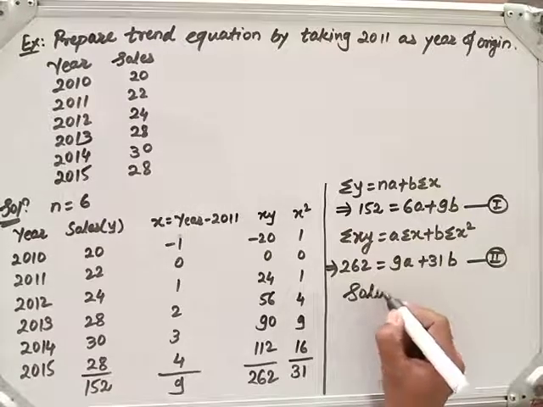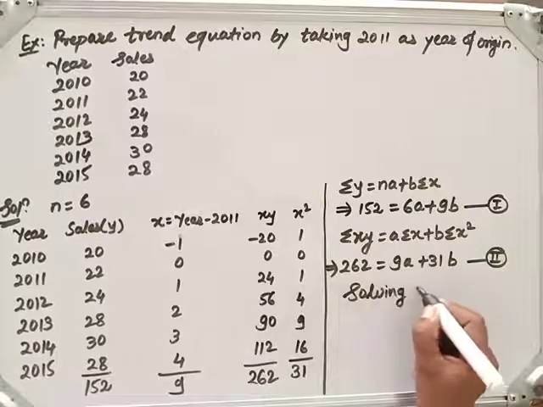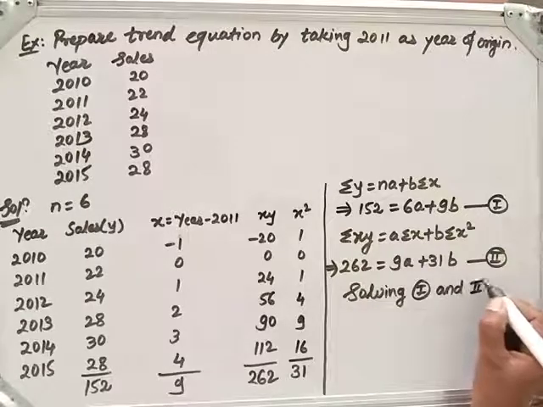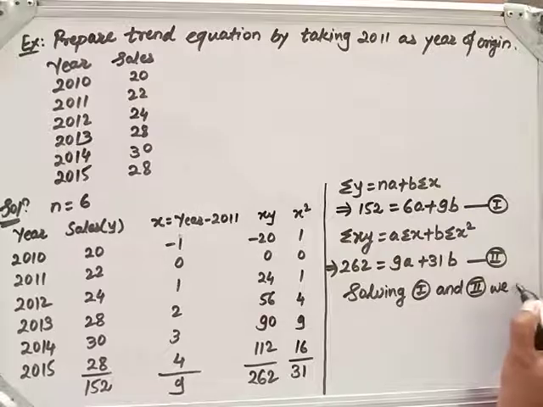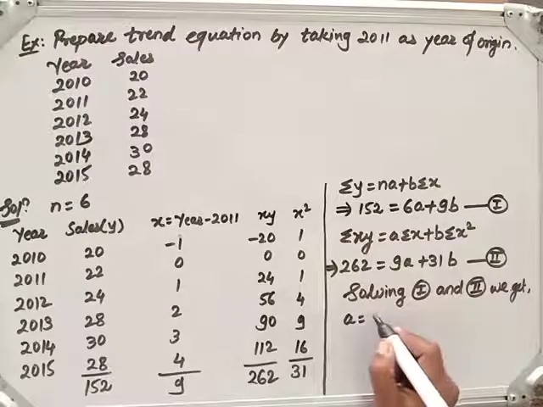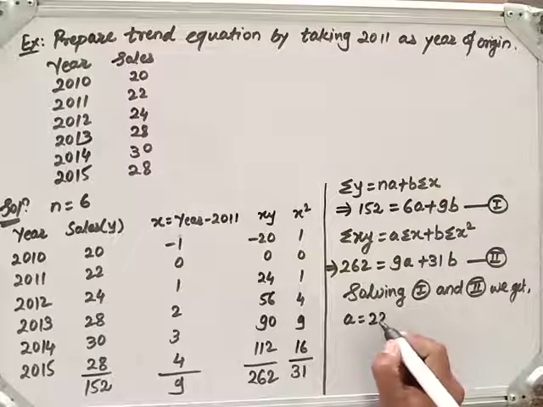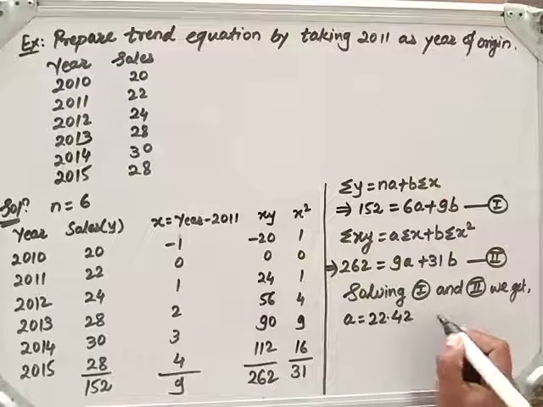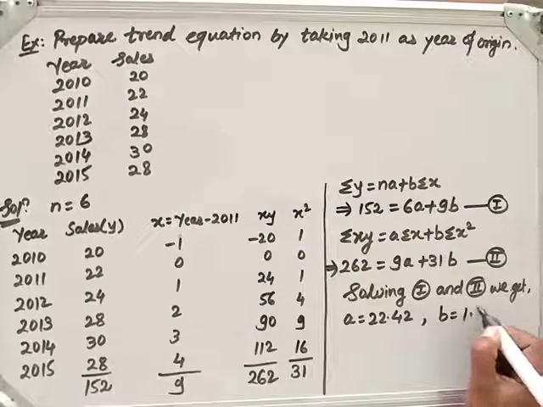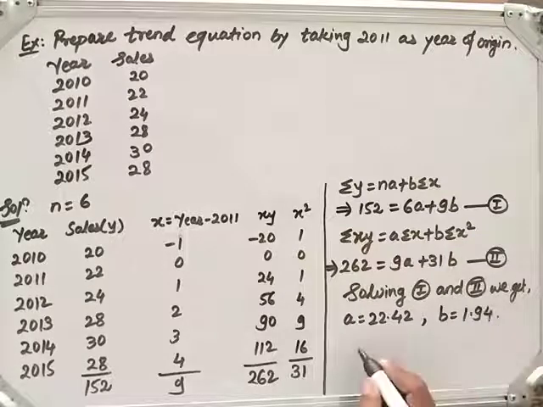Solving 1 and 2, we get a is 22.42 and b is 1.94. Okay.